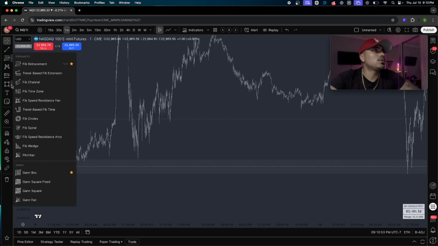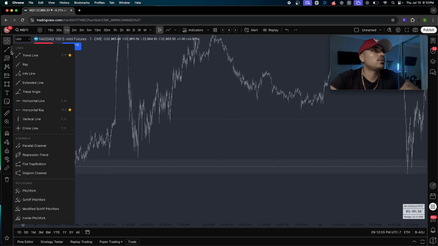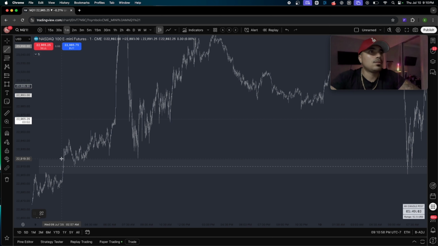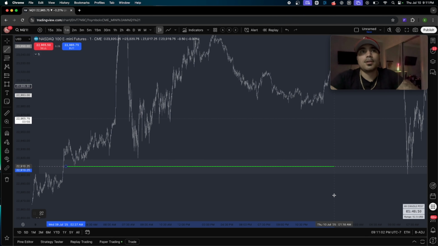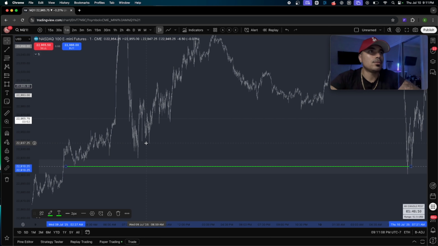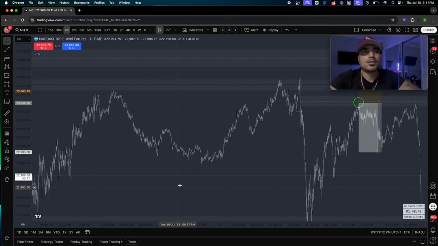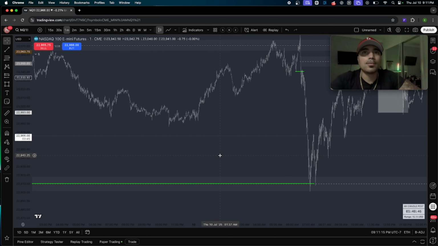So let's mark this out. Price really swept all that. Everything, all this was swept. This is internal liquidity, boom, boom, boom, swept all that. And that's when you can see why price rallied all the way up the way it did.